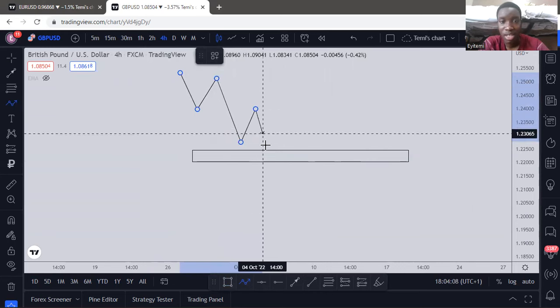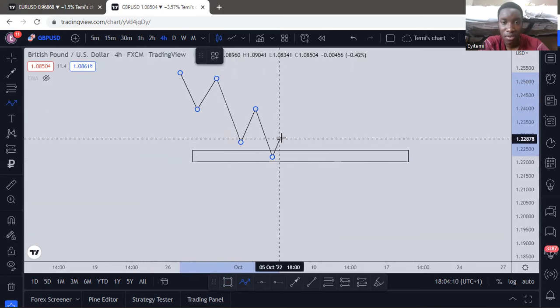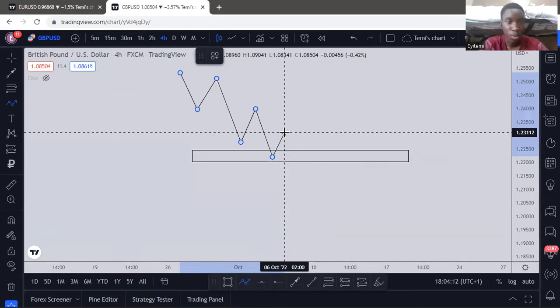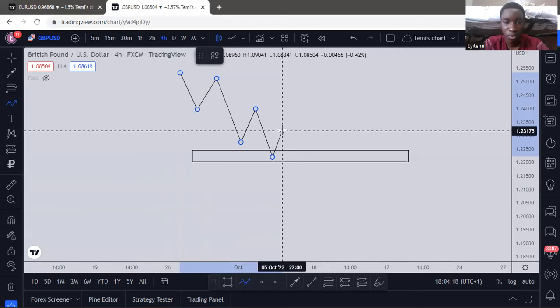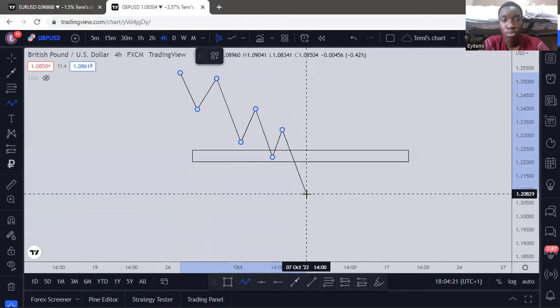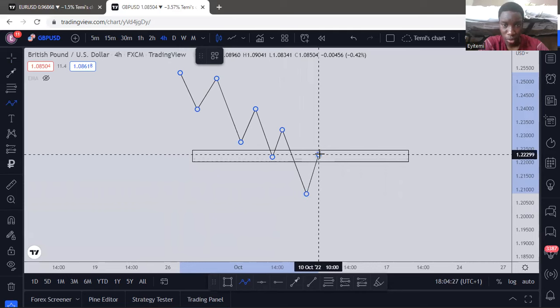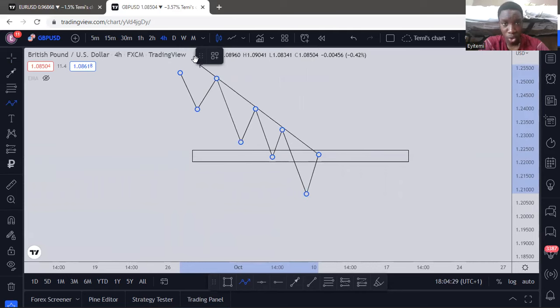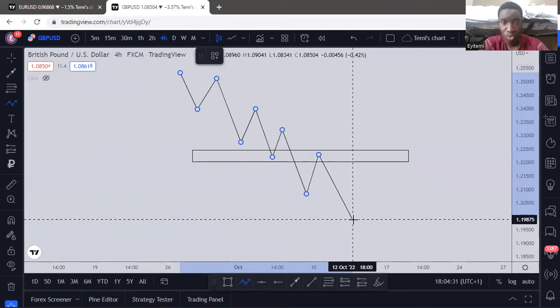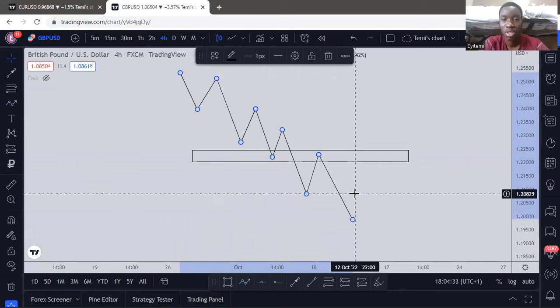Price has reacted to that level in the past, and then price breaks below that support level. What happens? The support level turns into a resistance level. So price pulls back to that level, potentially to form a lower high, and then continues to the downside. So that's one thing we need to understand.